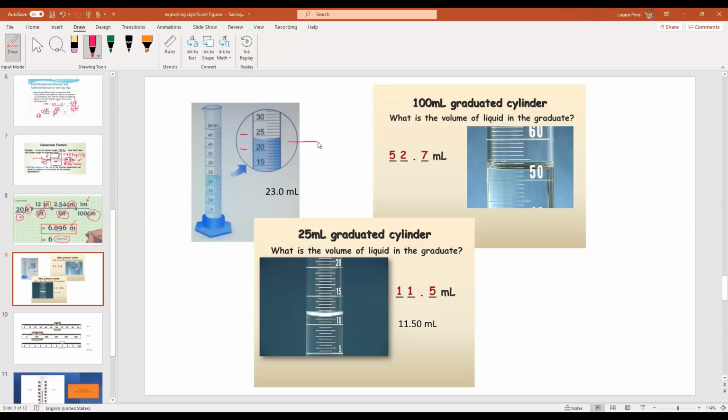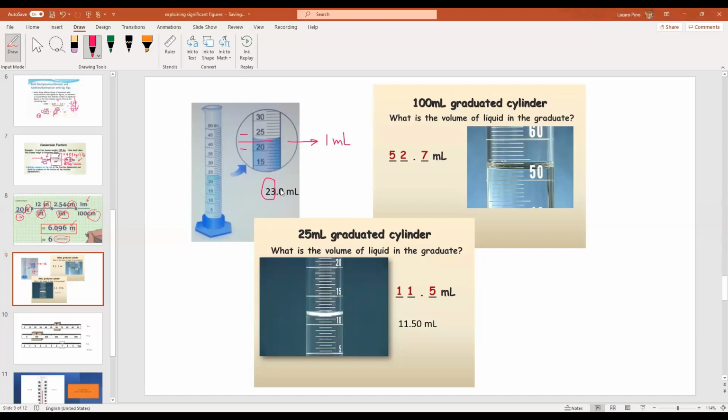So every line is 1 milliliter. Then you see the meniscus, that is the lower part of this, and you observe that it's exactly at 3. 1, 2, 3. Then it is for sure 23.